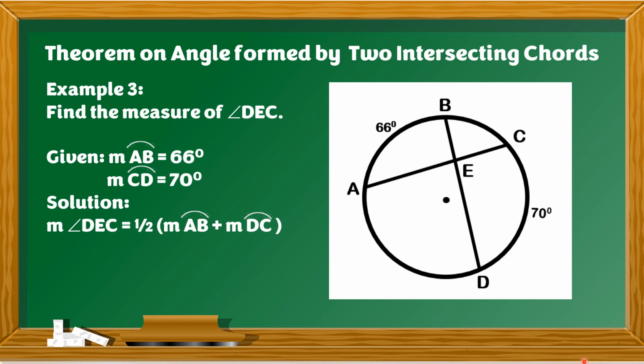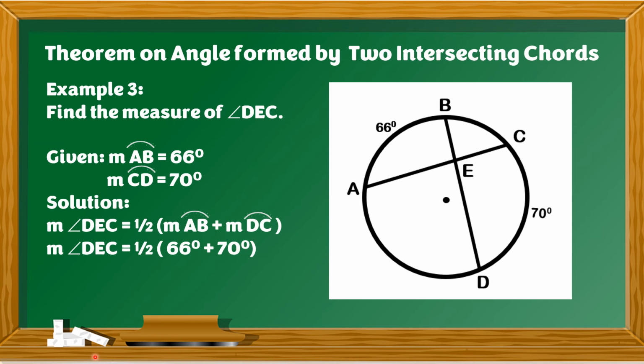So we will substitute now the measure of arc AB and arc DC in the given equation, and we have the measure of angle DEC is equal to 1/2 times 66 degrees, this is the measure of arc AB, and then plus the measure of arc DC, which is 70 degrees.